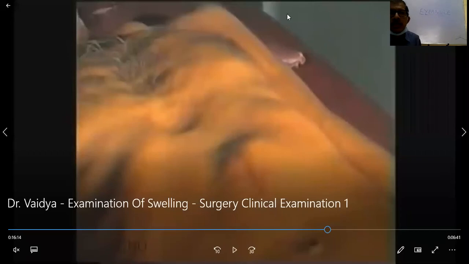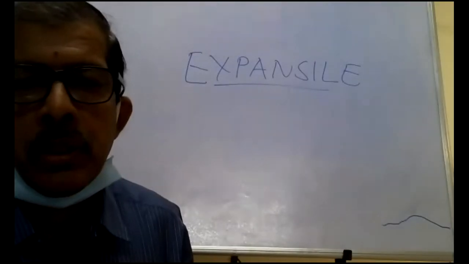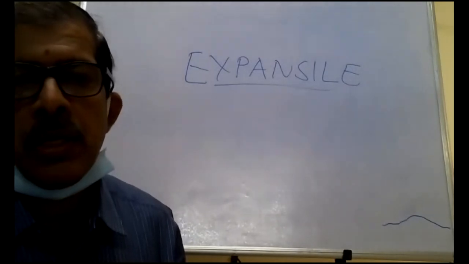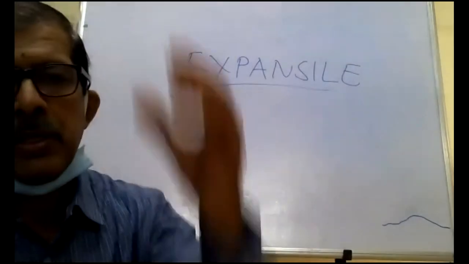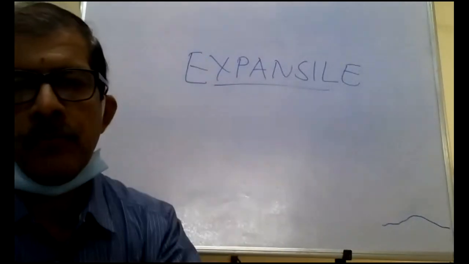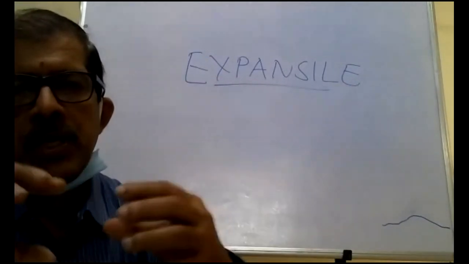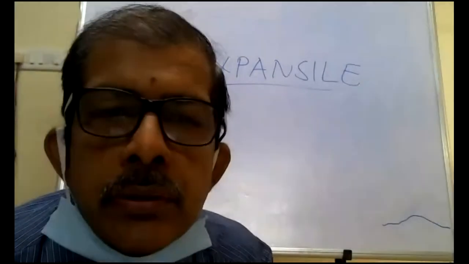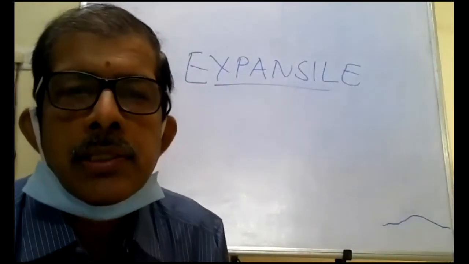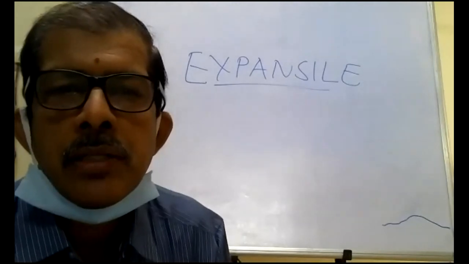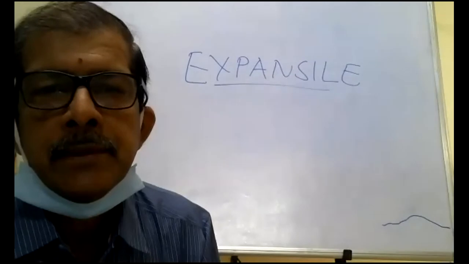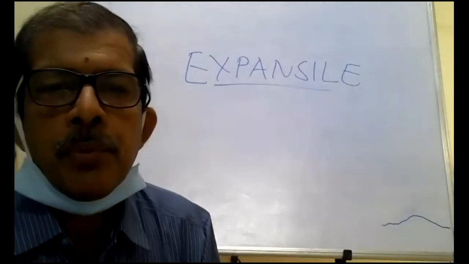Please tell me, what is the test where we can differentiate transmitted pulsations which are perpendicular, exactly like this, not like this, from expansile pulsations? Branham's test is not used here, Branham's test is different. But at least tell me the position.